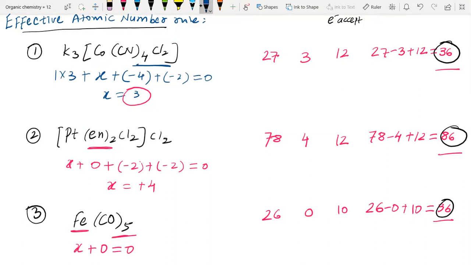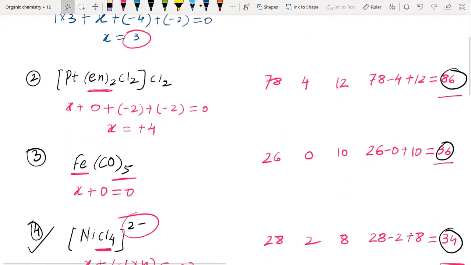The total number is 6, so 6 into 2, because each ligand donates 2 electrons. But in the second case, as we have a bidentate ligand, you have to consider this 2 as 4, because it is bidentate, so you multiply with 2. If you want to understand this more, I'll show you why we consider 4 in case of ethylene diamine.